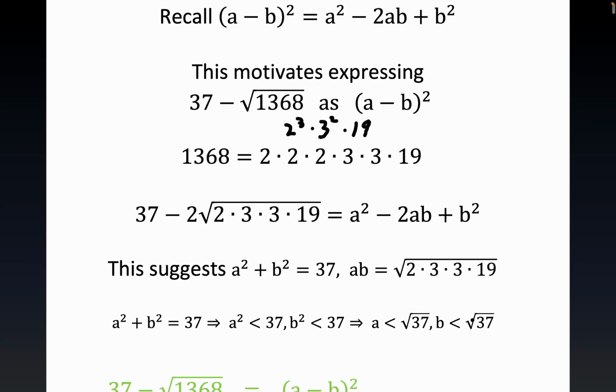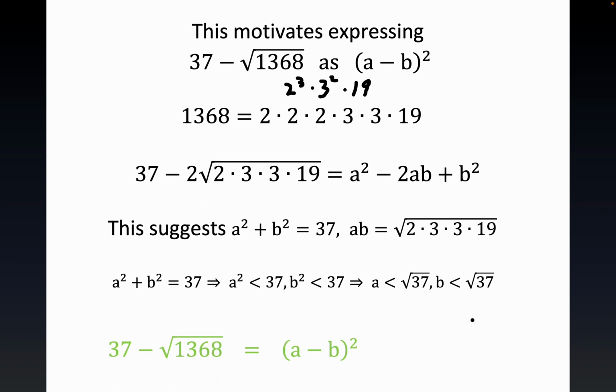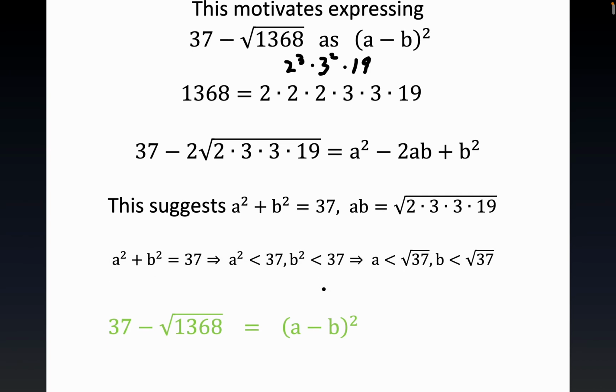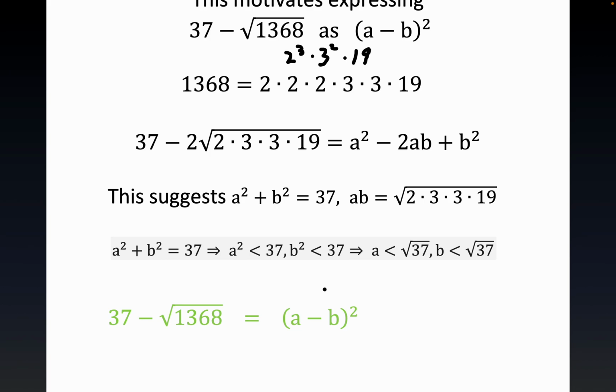Now, a couple of facts here come in super handy. A squared plus b squared equals 37 implies that both a squared and b squared would have to be less than 37. Probably could say less than or equal to 37. What really stands out here is that 19 is going to have to stand alone.